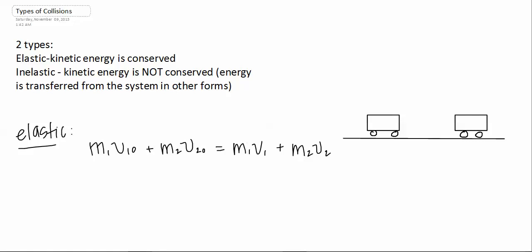So when these two objects collide, just for the sake of this, I'm going to pretend these springs represent the bouncy property of having those like-poled magnets on the end. When our two carts were going towards each other, they were able to bounce off.